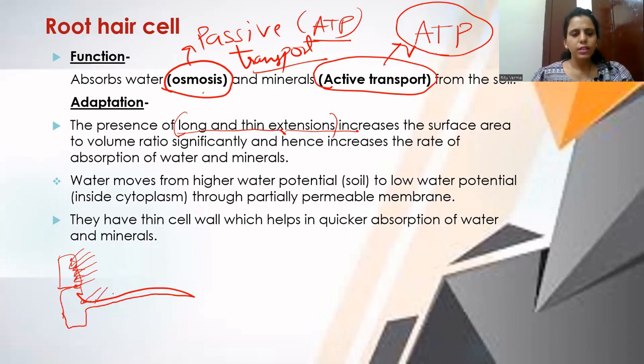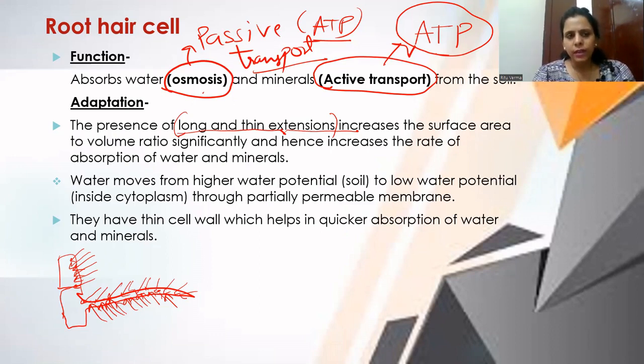But the cell with the root hair has maximum surface and maximum chance of absorbing water and minerals from the soil. So the first very important adaptation is that root hair cells have long and thin hair-like extensions, and these extensions increase the surface area to volume ratio, and hence increase the rate of absorption of water and minerals.